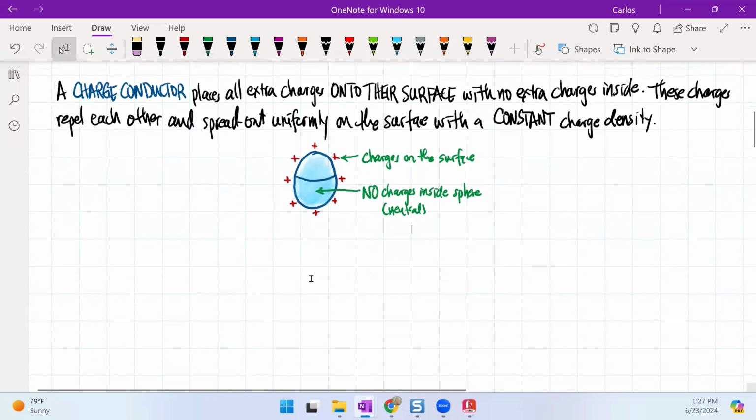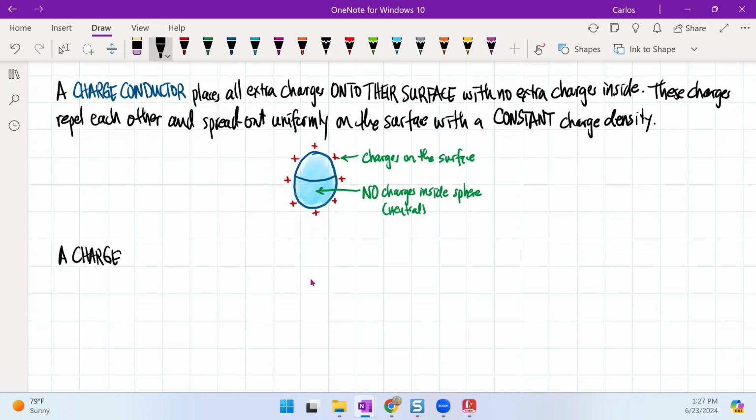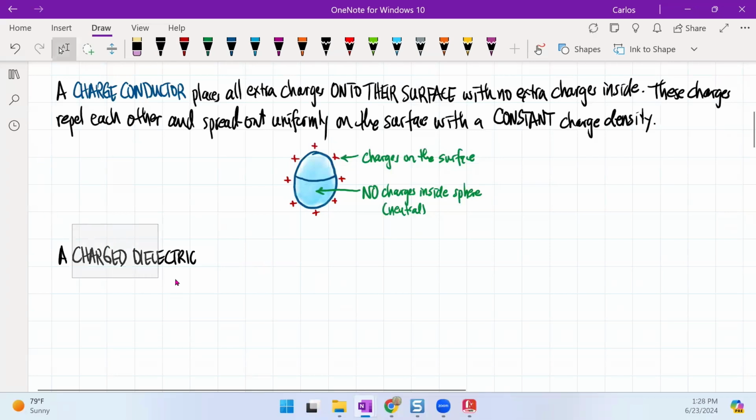Now I have the other situation, a charged dielectric. Again, because this is important, I'm going to color this to remind you that we're really focusing on this thing right now.